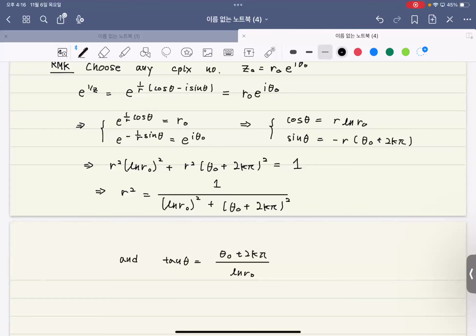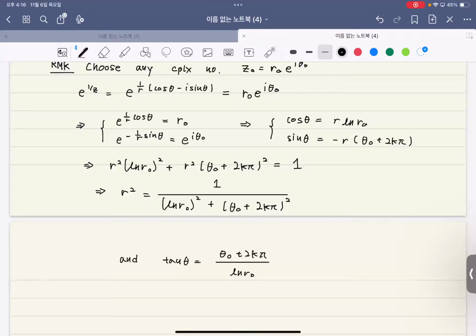So what does it mean? This means for this function, when Z is very close to the essential singularity, then for any neighborhood of this essential singularity, my function always attains any complex value around that essential singularity.